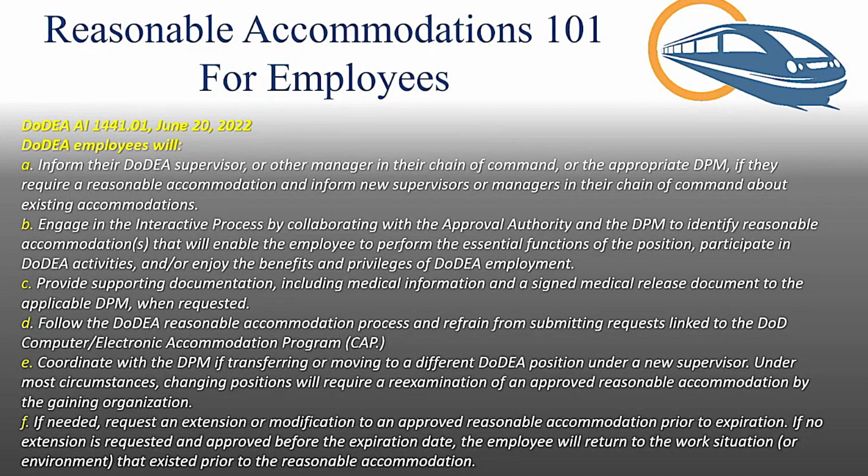So once the DPM makes the determination of whether you're eligible or not, then we'll jump into the interactive process discussion, which we'll talk about a little later in the presentation. And there's always time to request an extension.